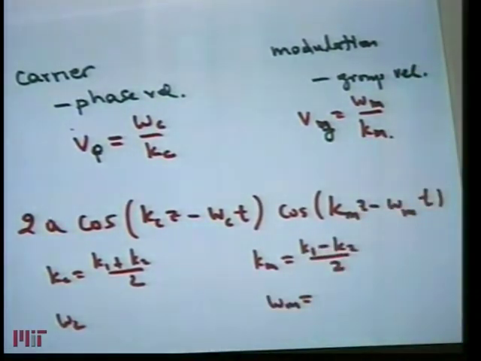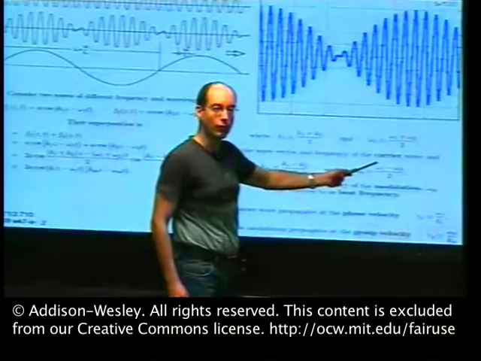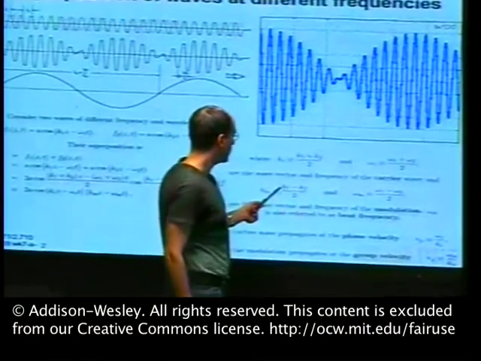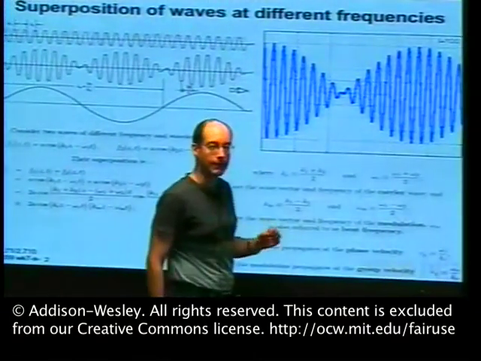So the group velocity equals, as you can see, the ratio of the difference of omega to the difference of k.